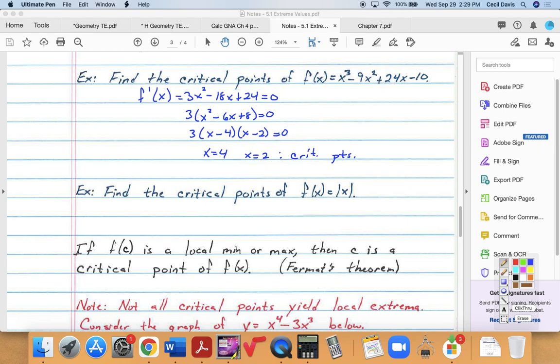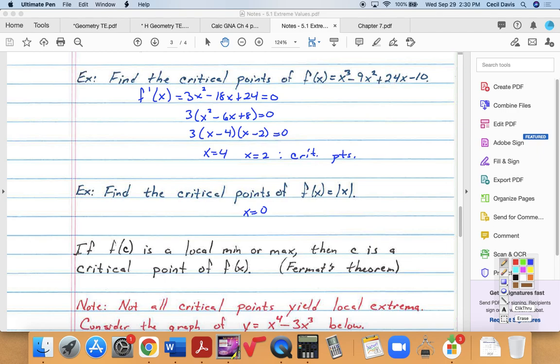So how about for this one? Find the critical points of f of x is equal to the absolute value of x. What's the critical point for that? 0. Yeah, x equals 0, because the derivative doesn't exist at that point.